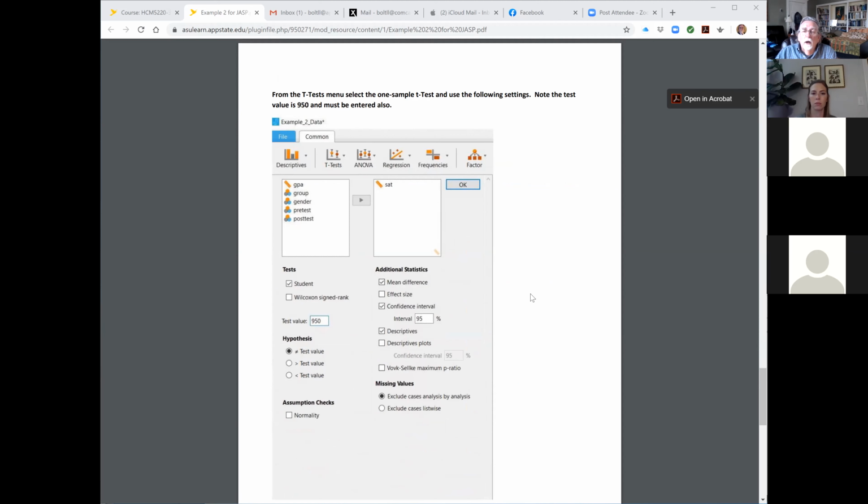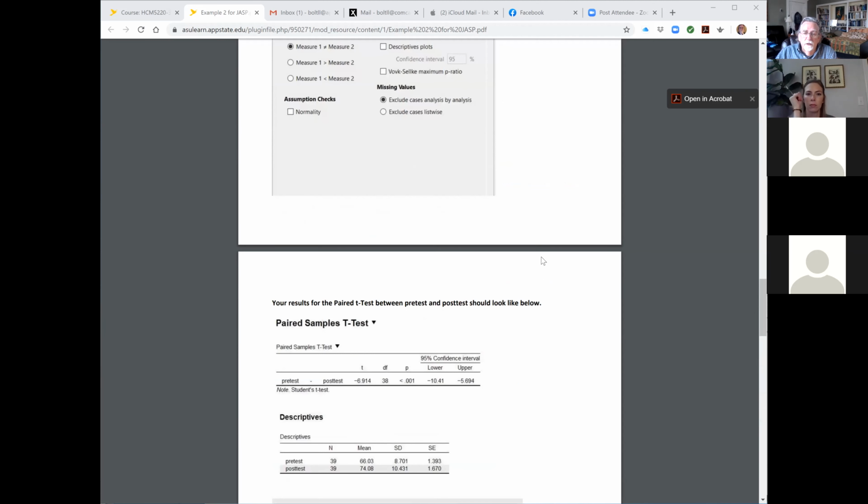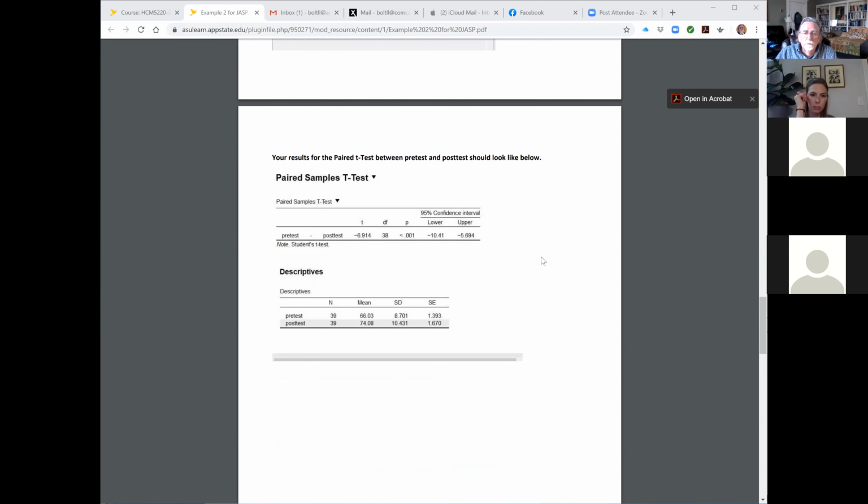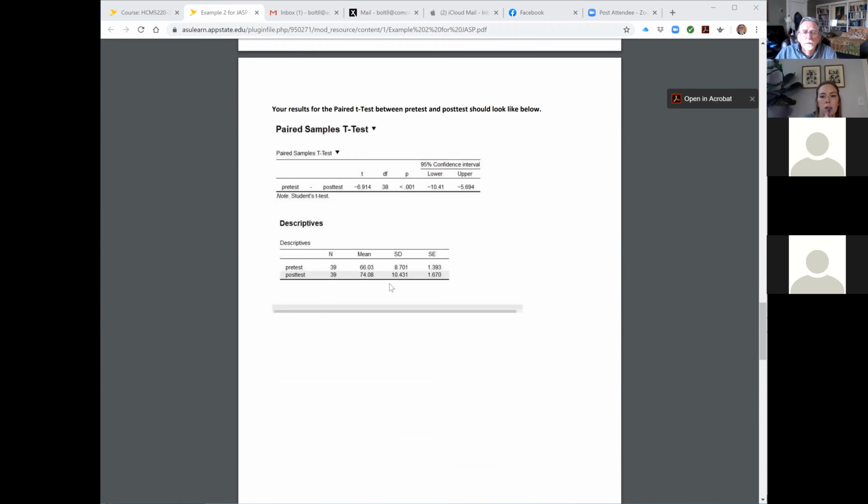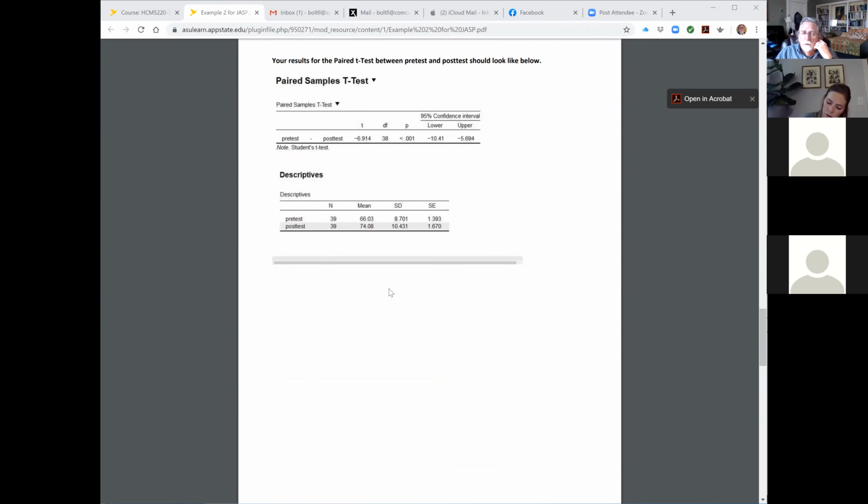Now, I want to go back to the paired test for a second. Up here, we're not talking about differences between two different groups. We're talking about differences pre and post in one group.